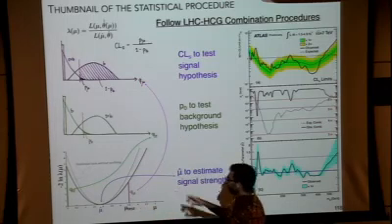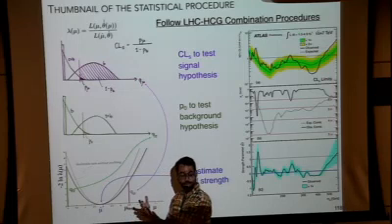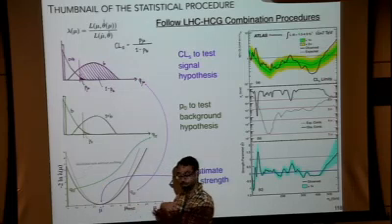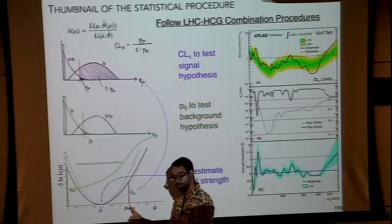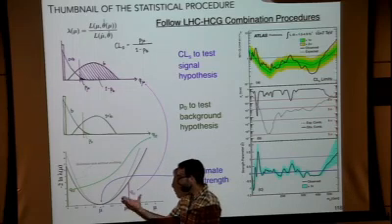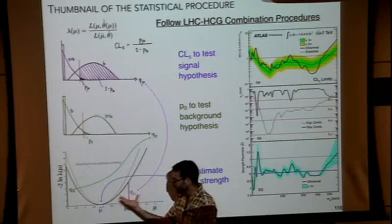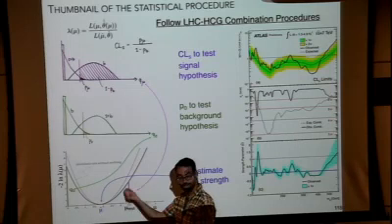Okay, and now if this was true, we have to do the same logic we did before, but the plots are going to switch roles. So if the signal plus background is true for this particular value of the signal strength, 3.5, then these curves are going to mainly sit around here. And the height of this Q mu is going to be small usually, right? Because the parabola doesn't have far to go.